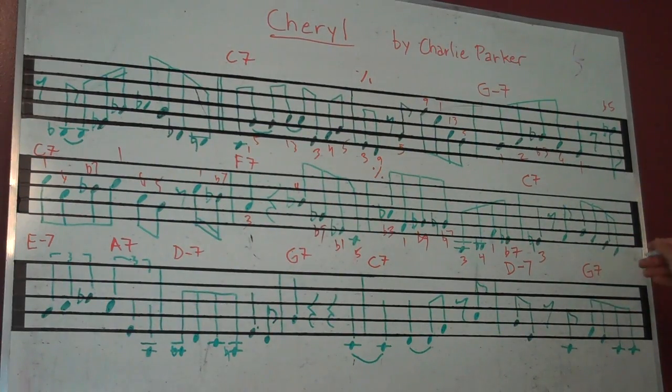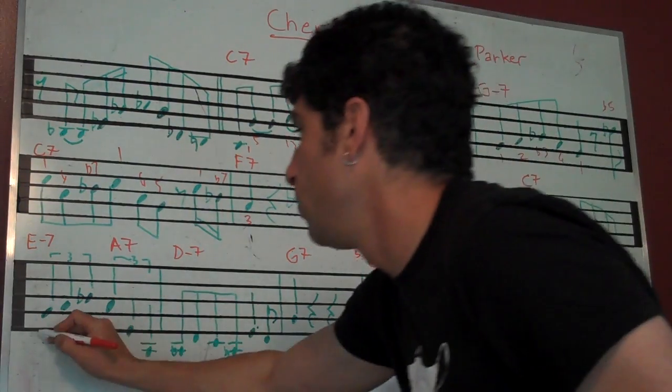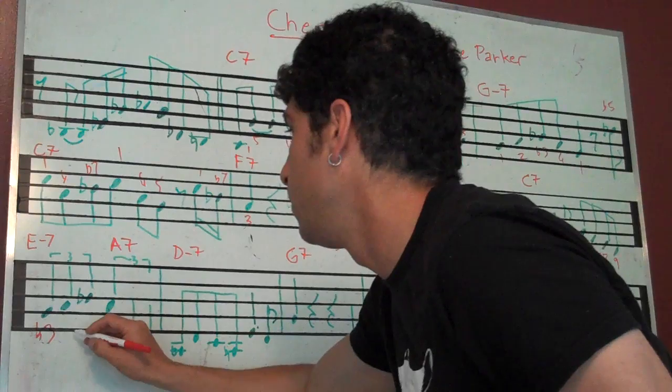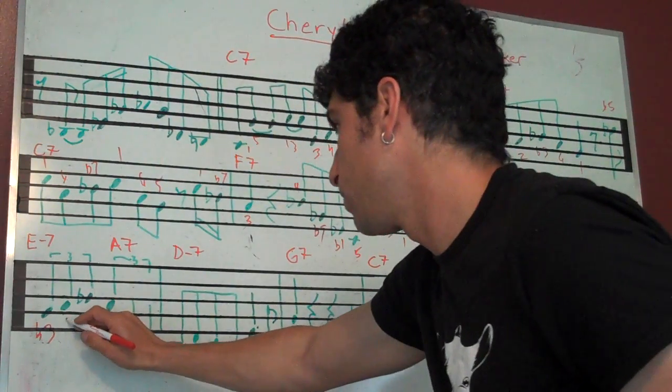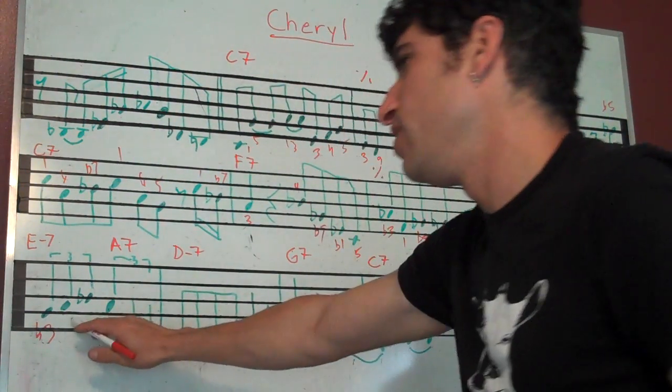So, to 4, 5, 4, 3, 2, or 9, call it 9, to flat 3rd. This is an interesting one.